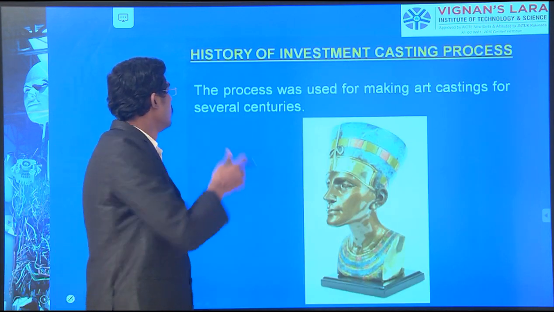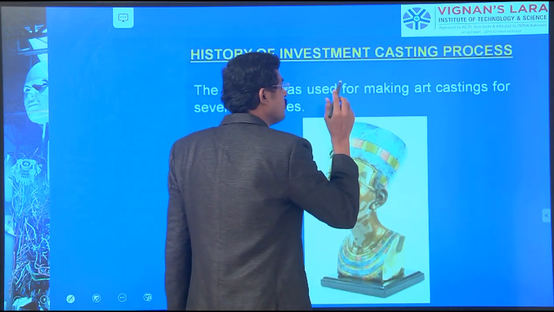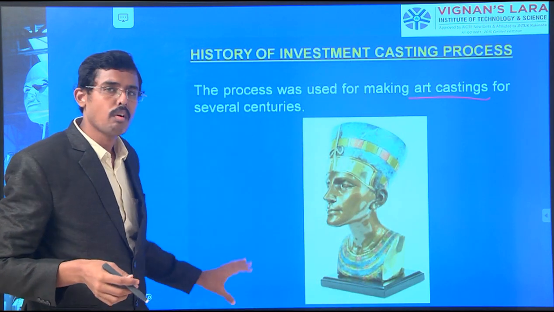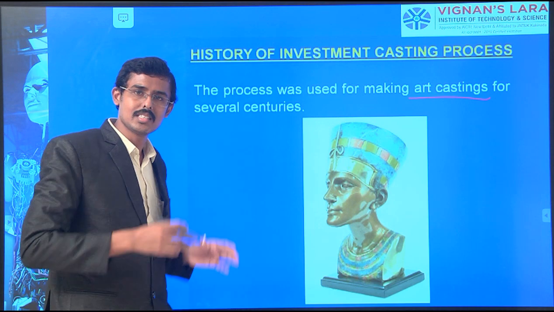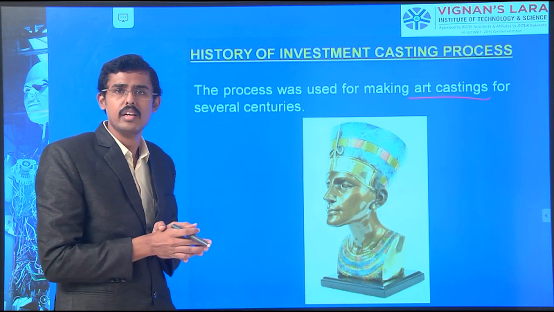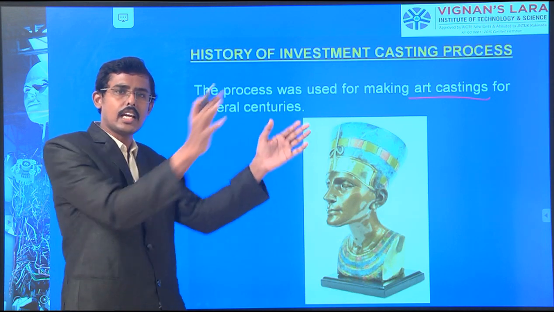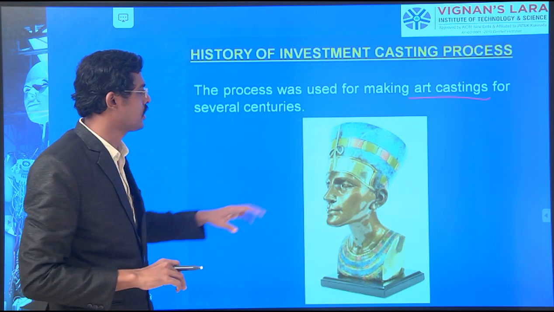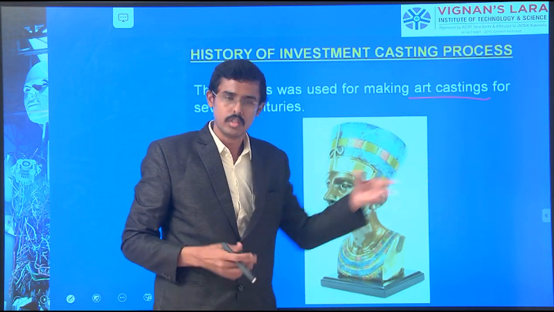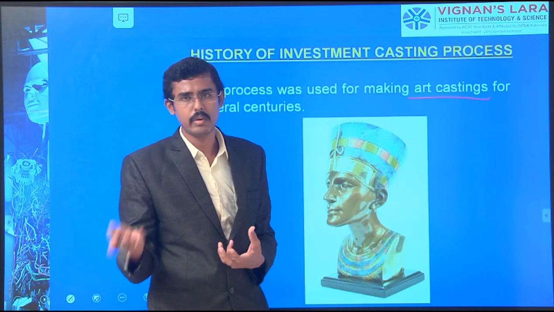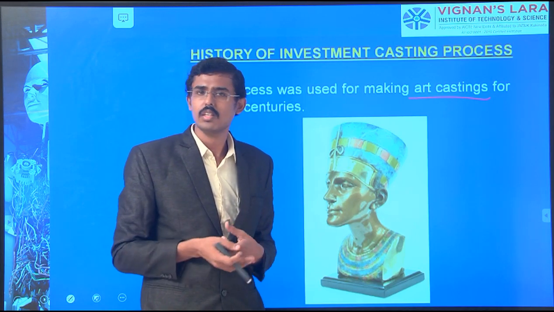The process was also used for making art castings. I want to show you a few images here. In such images, the wax pattern design has been made, the structures have been made, and then they have been sand molded, poured and created. So we have used this for art casting also. Any object for work purposes, automobile parts, shafts, designs, whatever we are preparing.